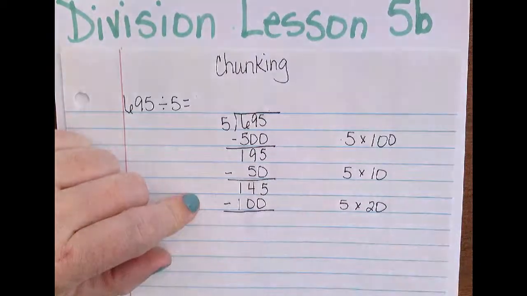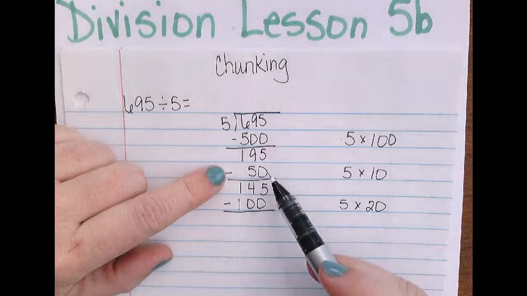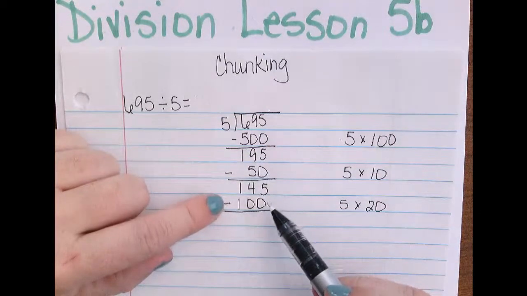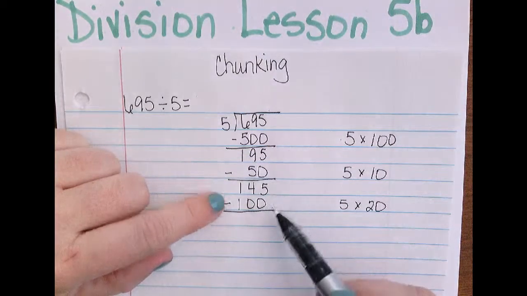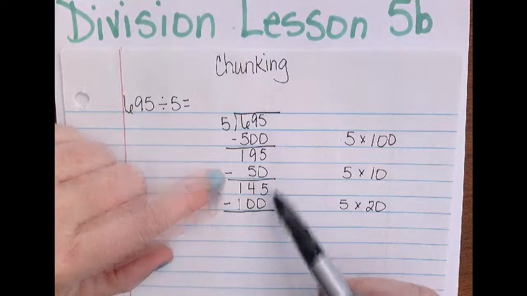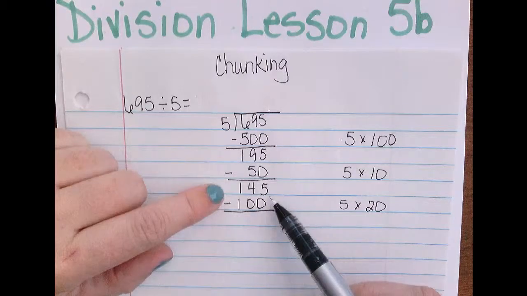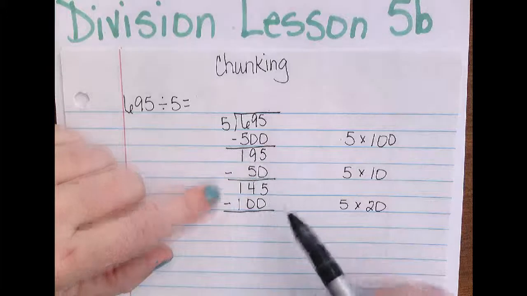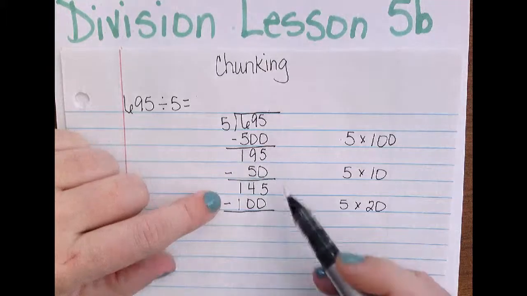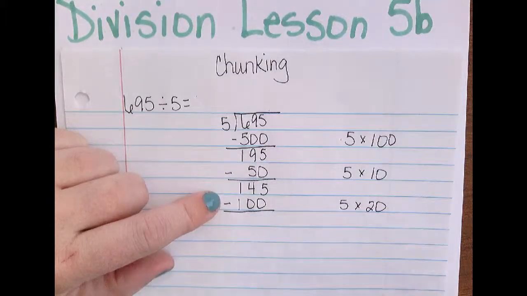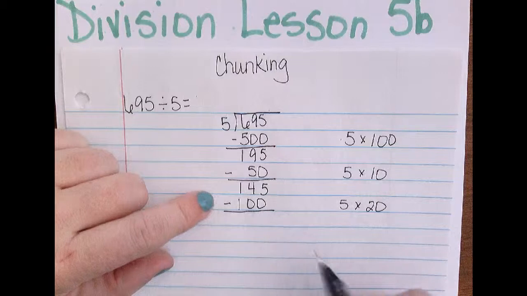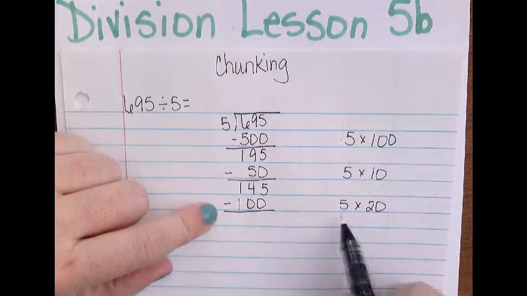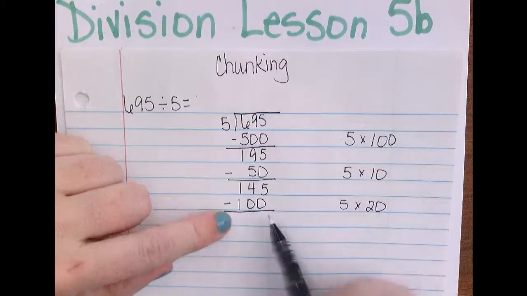Okay, so I know 50 is not enough, so I'm going to step it up a bit and see if I can get going a little bit faster. If I'm doing too small of a number, then I am going to try to take out bigger chunks to go a little bit faster. I don't want to use up all of my paper down the line just because I'm trying to play it safe. So 5 times 20 does equal 100.